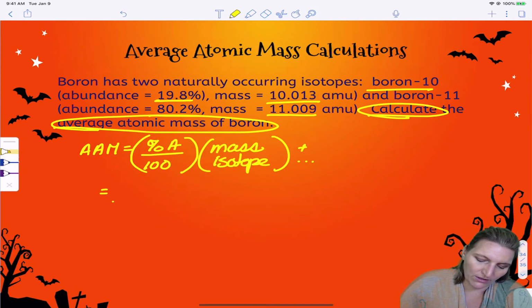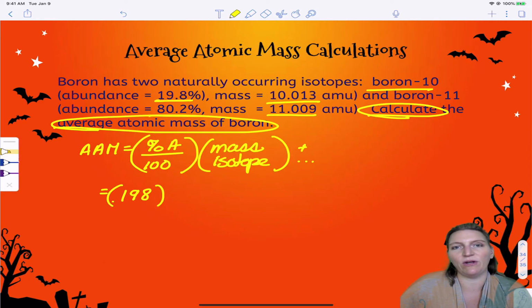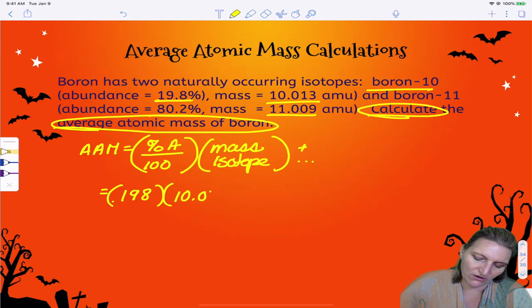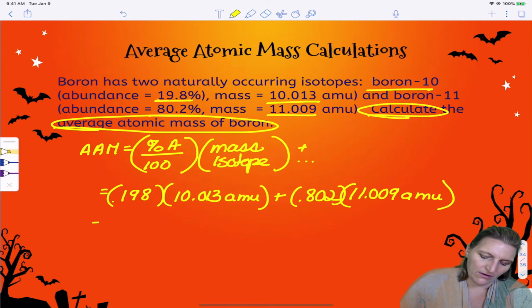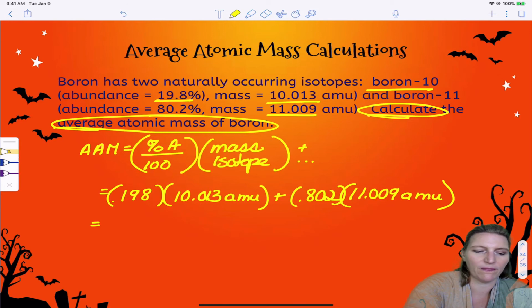So the first one, 0.198, which is 19.8% divided by 100, times 10.013 AMU, plus 0.802 times 11.009 AMU. If you don't show this next step, if you just plug this into your calculator, that's fine.